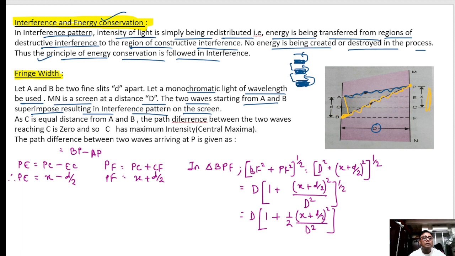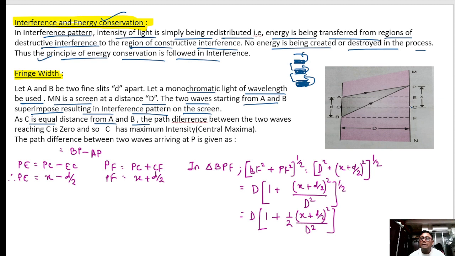Okay, so let us make the diagram a little bit clean. Now, C is at equal distance from A and B. So watch here, where is C?